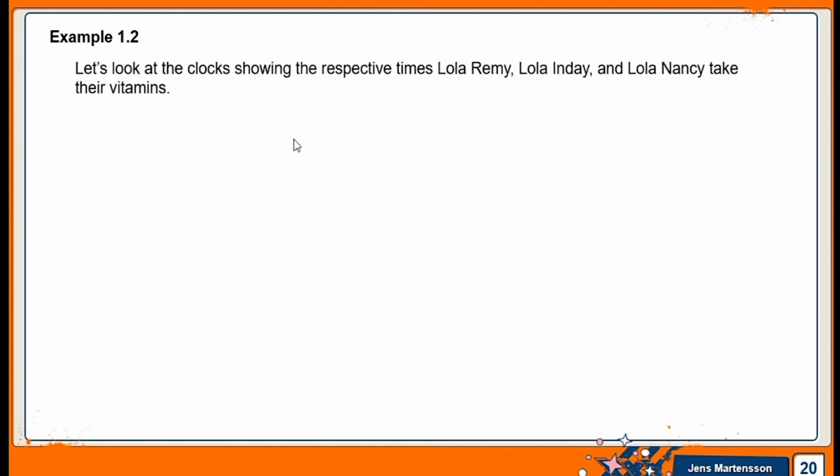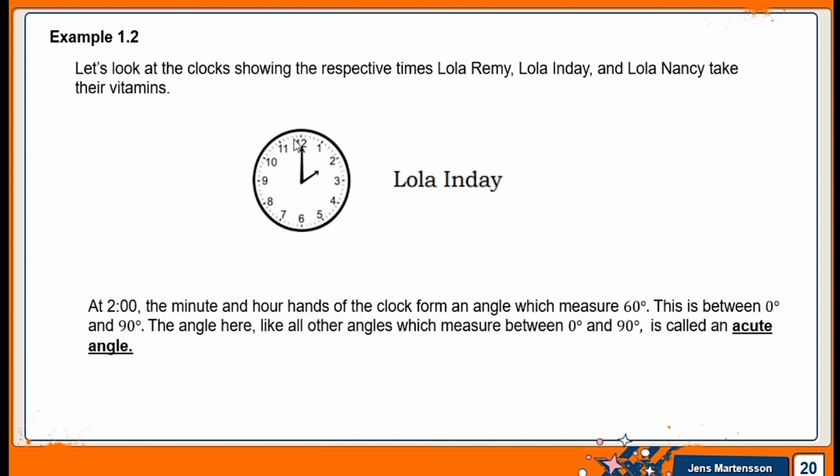Simply as that. So, let's move on to the next. This is the clock of Lola Enday. At 2 o'clock, the minute and hour hands of the clock form an angle which measures 60 degrees. So less than 90 degrees.